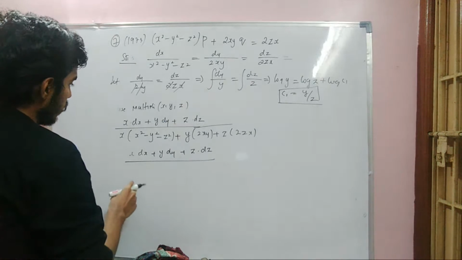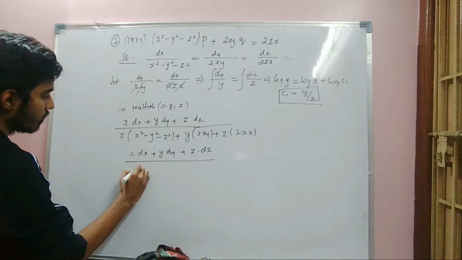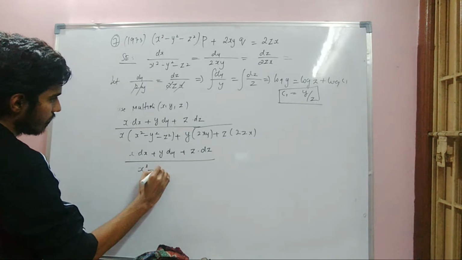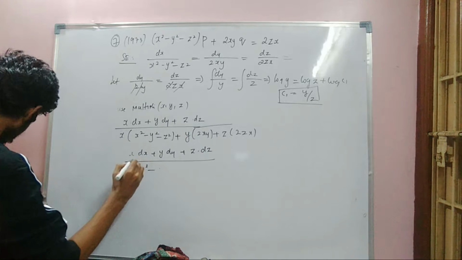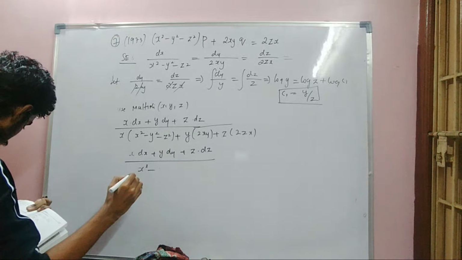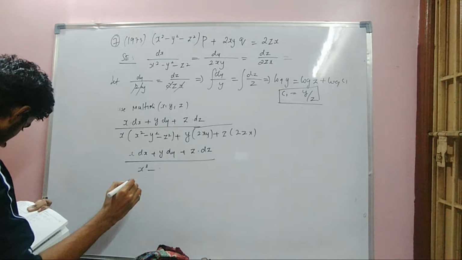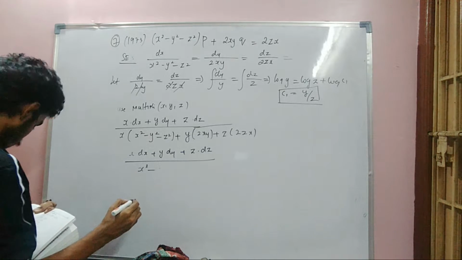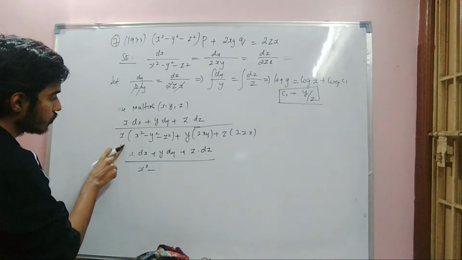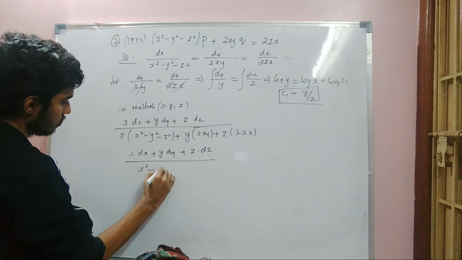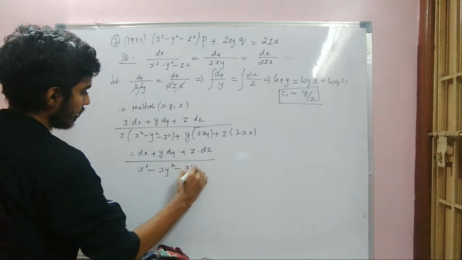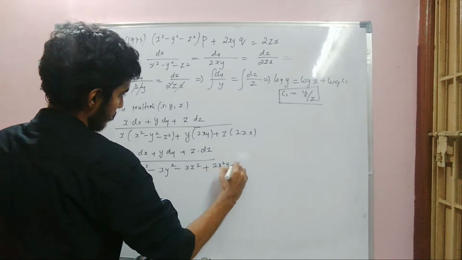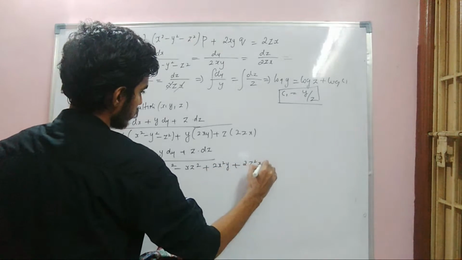Now if I multiply x square inside, we will have x cube minus xy square minus xz square plus 2x square y plus 2z square x.